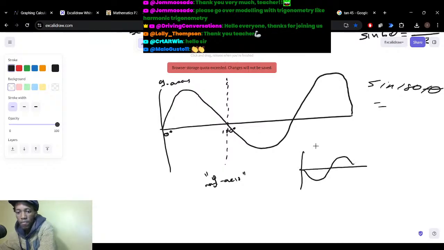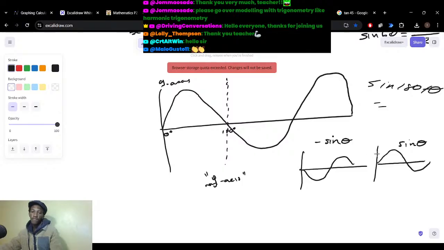This is minus sine theta, and this is sine theta. You see that when you invert and rotate this graph, it results in this graph. That is why sine 180 plus theta is minus sine theta.